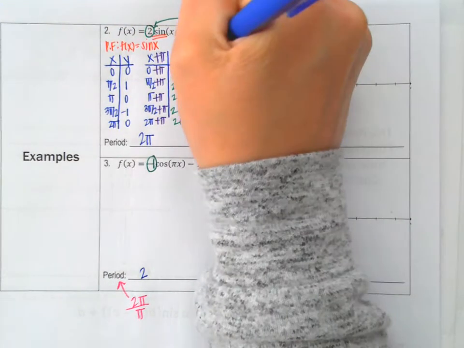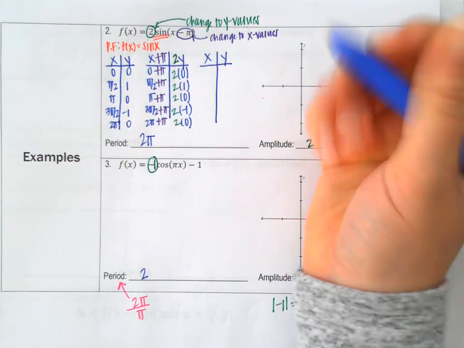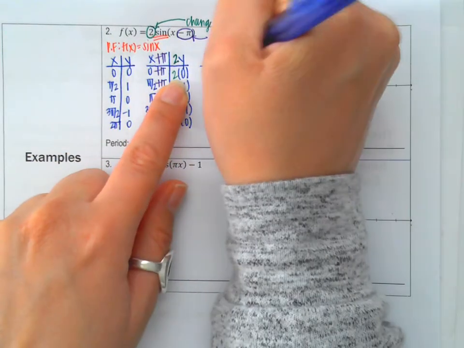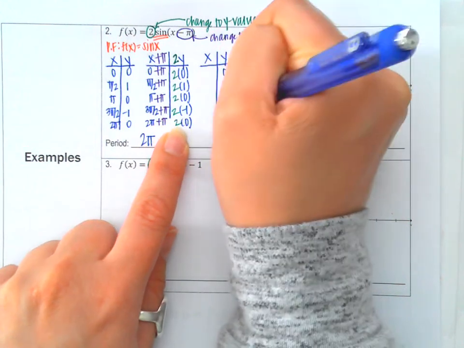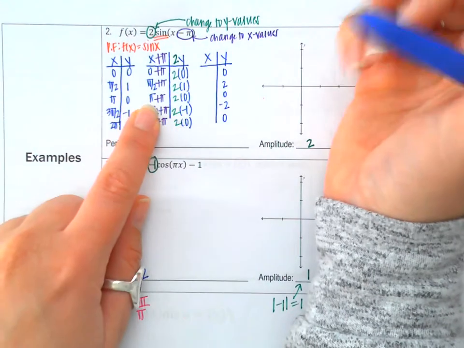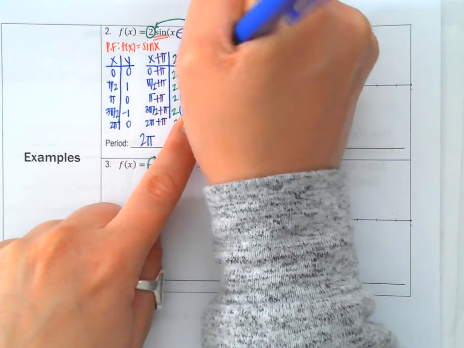And so we get our final answer. Now this one's easy, right? 2 times 0 is 0, 2, 0, -2, 0. But this is a little bit more challenging. So 0 plus pi is easy, that's pi.